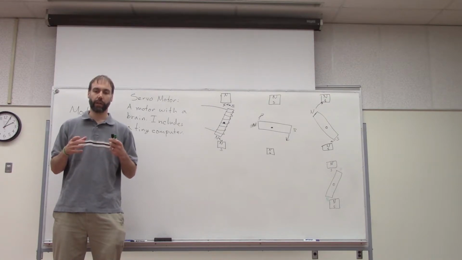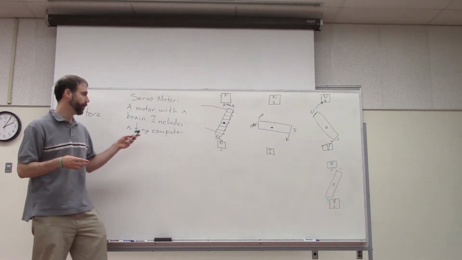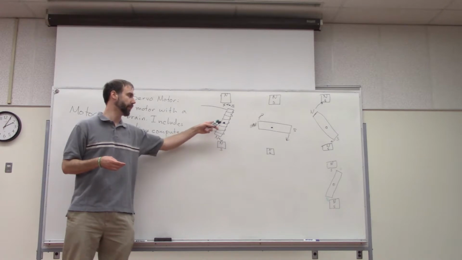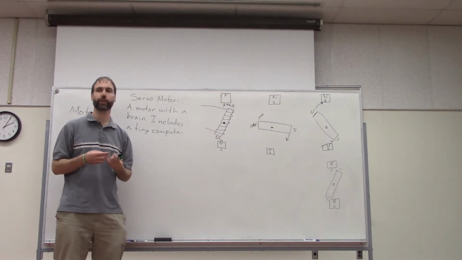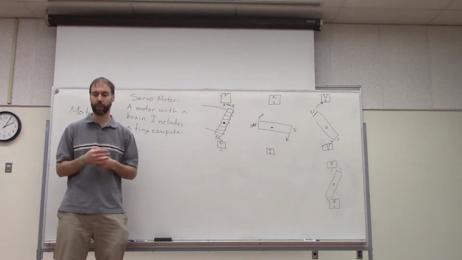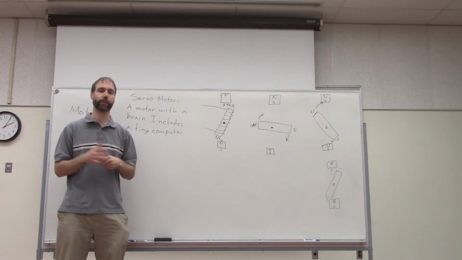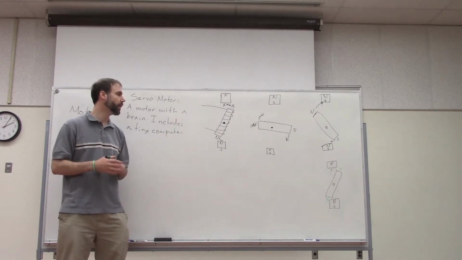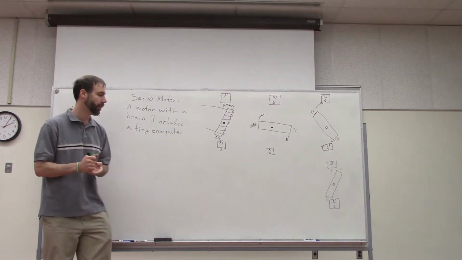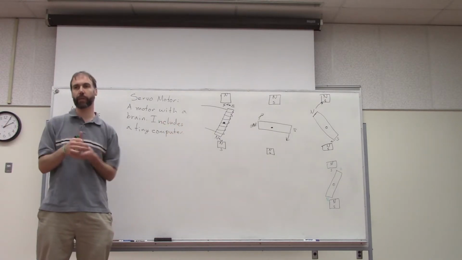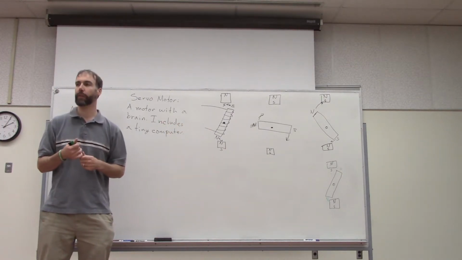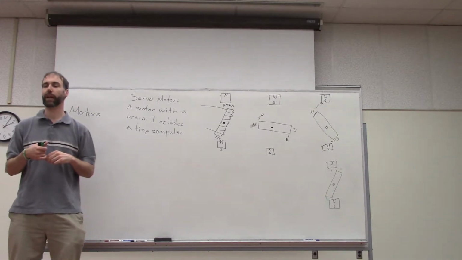It's got something called feedback, which tells the car how fast the motor is actually turning, and you can compare your actual speed to what your desired speed should be. So servo motors are really found all over the place. They can be very large, they can be very small, but they're found in many different applications.